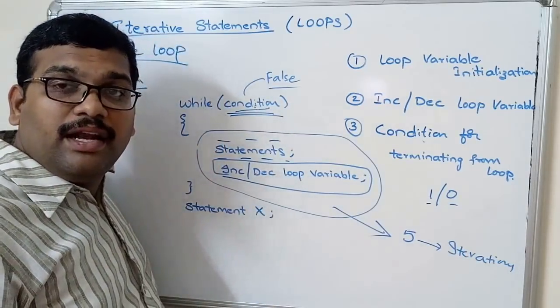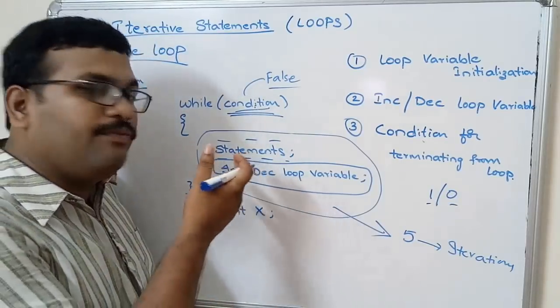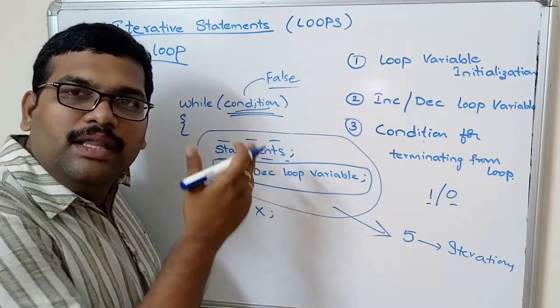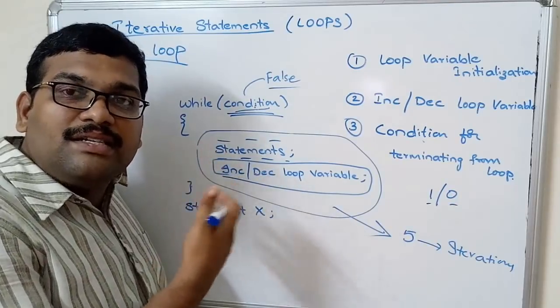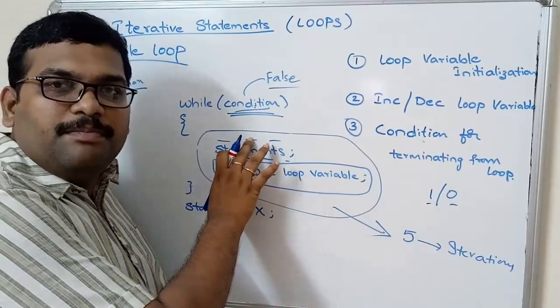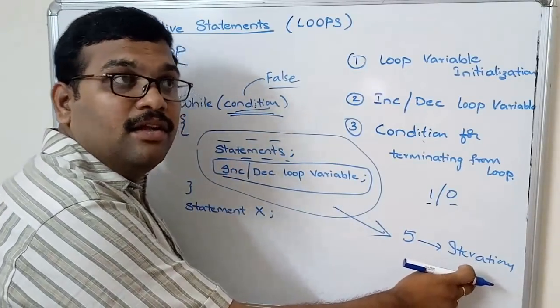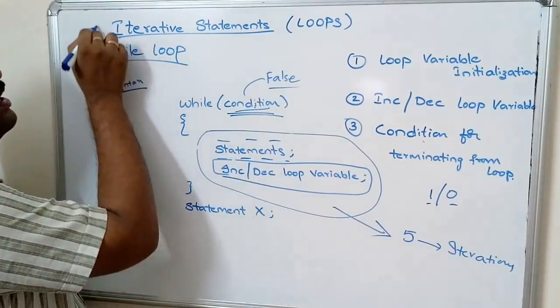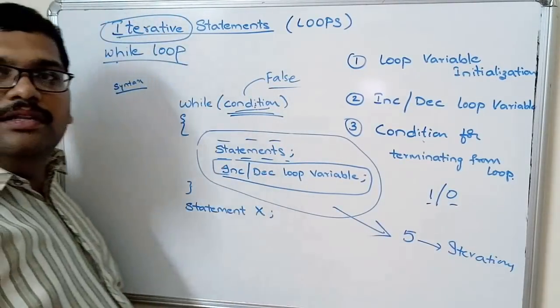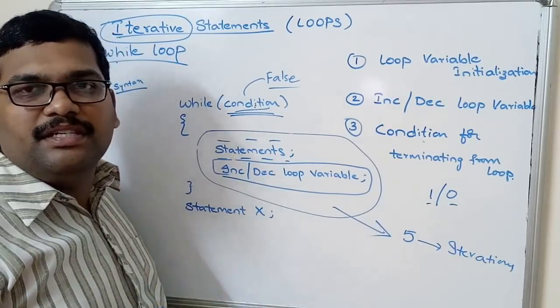Previously I gave an example of printing 1 to 100 numbers. For that, if we use this while loop, the number of iterations is 100. The number of times this block of statements executes, each time we call an iteration. So these loops are called iterative loops, iterative statements.